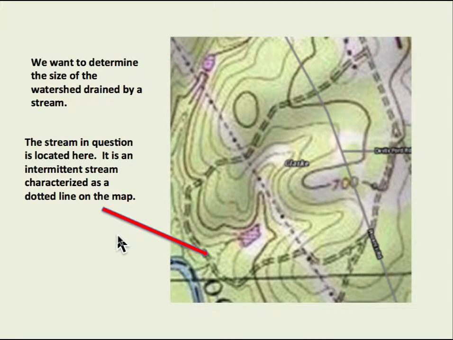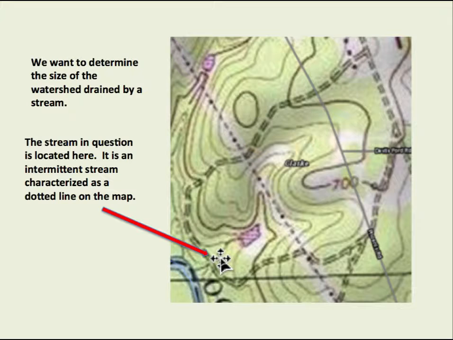What we're interested in for this example is the possibility of building a road across this particular stream. You can see that this dotted line is an existing road system that has already been built, and there is a stream crossing there, and we want to determine in part whether or not that stream crossing, or the culvert size, is large enough to accommodate this particular stream, which in this case is an intermittent stream, meaning it doesn't necessarily flow all of the time, but it has a significant flow rate.